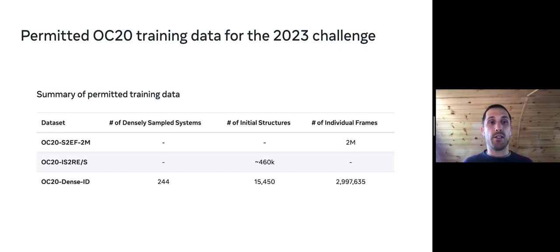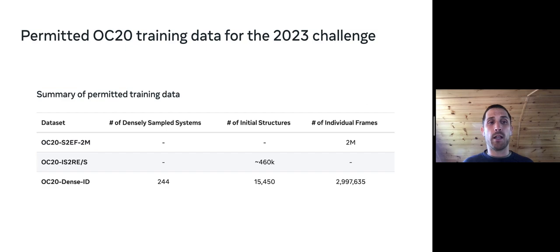For this year's challenge, in terms of S2EF data, we're going to permit the 2 million split. So this is about 2 million individual frames. And the reason that we limit that from the entire data set is just to make the challenge more computationally feasible.